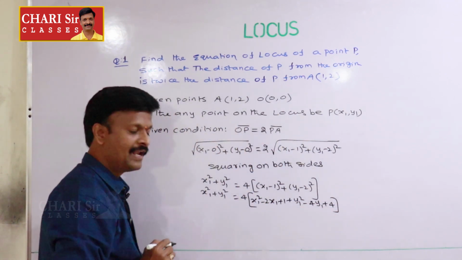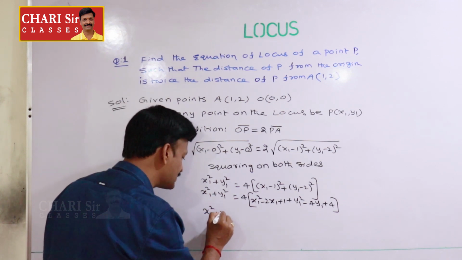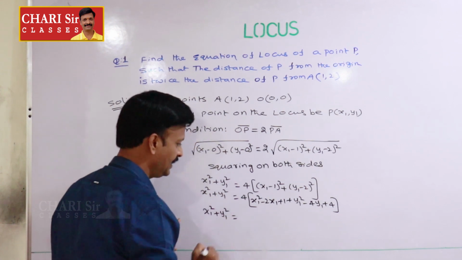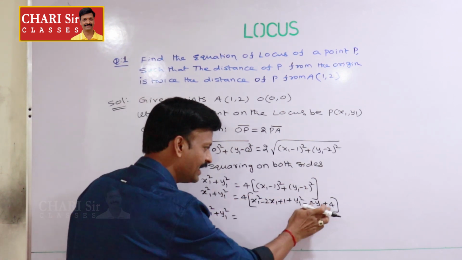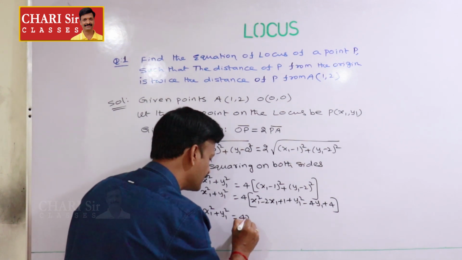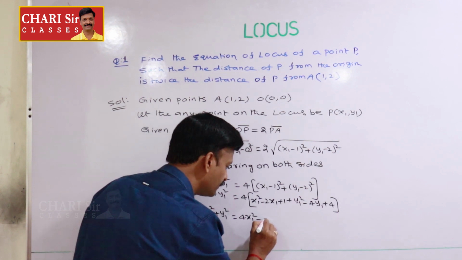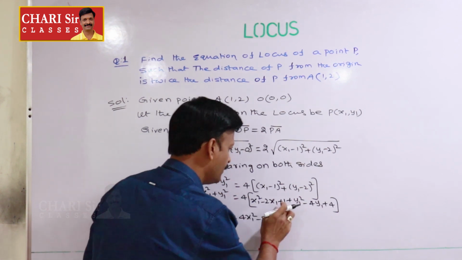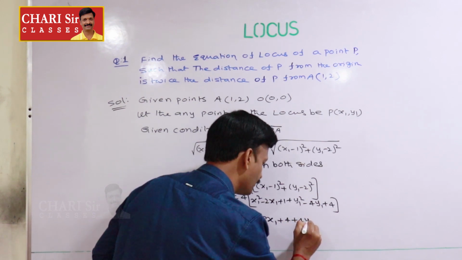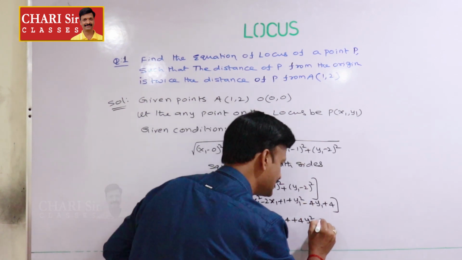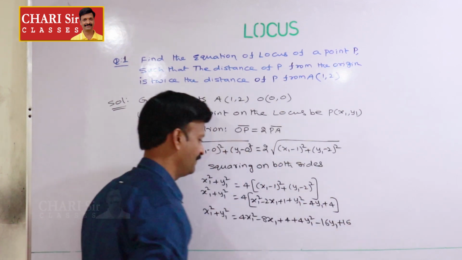Now write the LHS as it is, x1 square plus y1 square, is equal to, multiplying all the terms by 4: 4x1 square, 4 into 2 is 8x1, and 4 ones are 4, 4y1 square, minus 4 fours are 16y1, and 4 into 4 is 16.